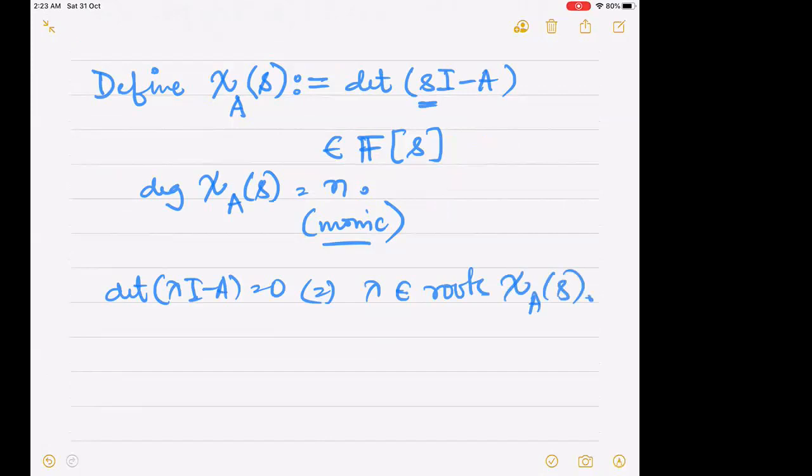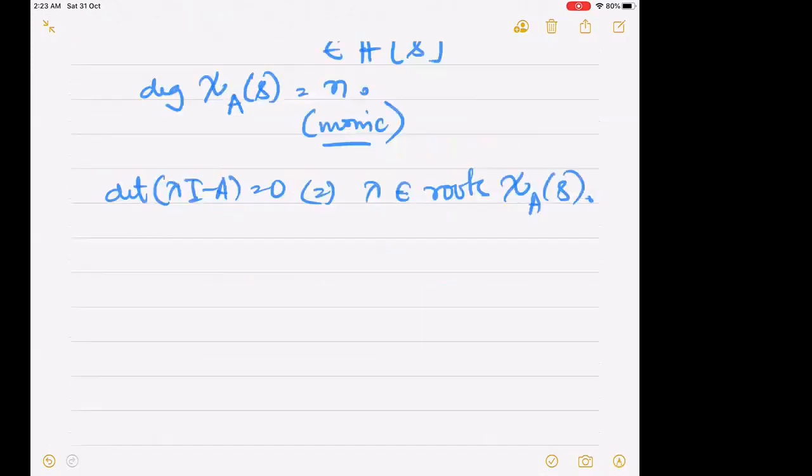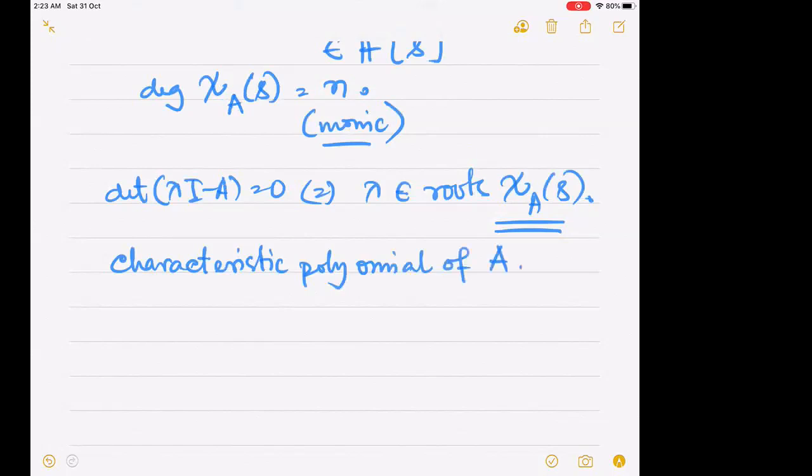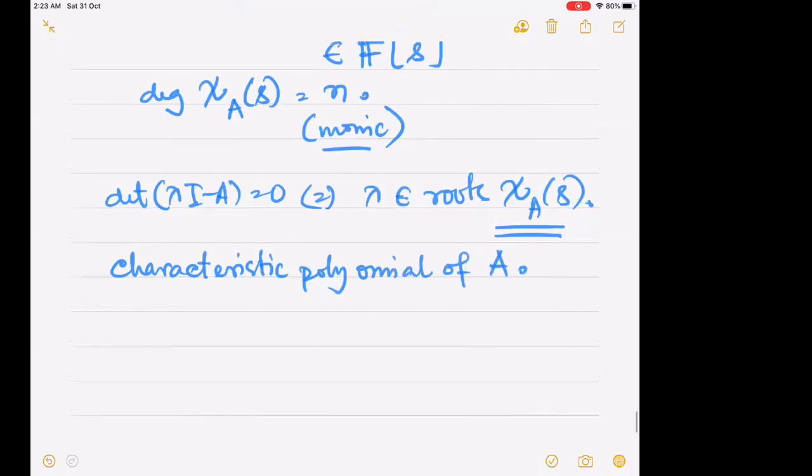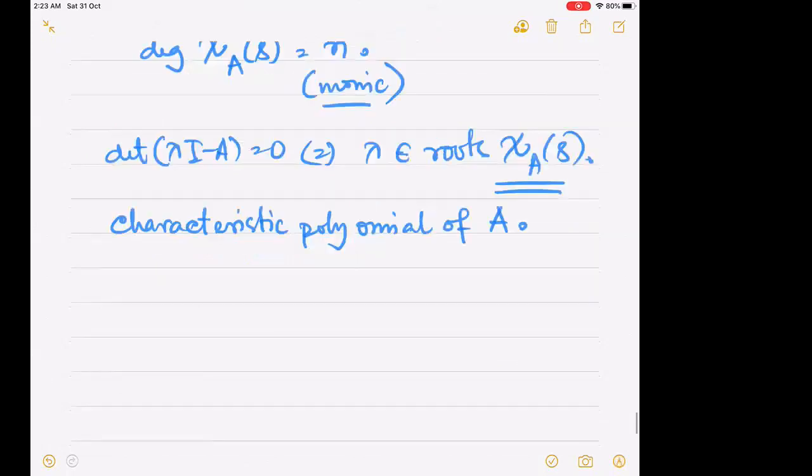Right. So this chi A of S is the so-called characteristic polynomial of A.